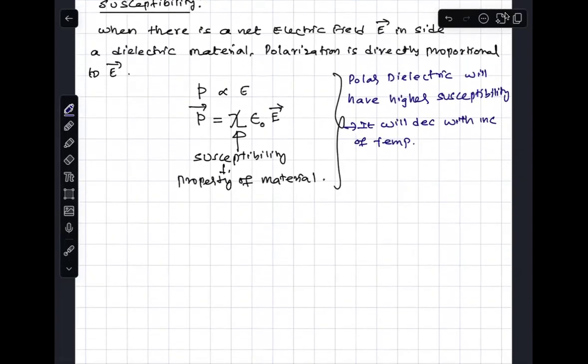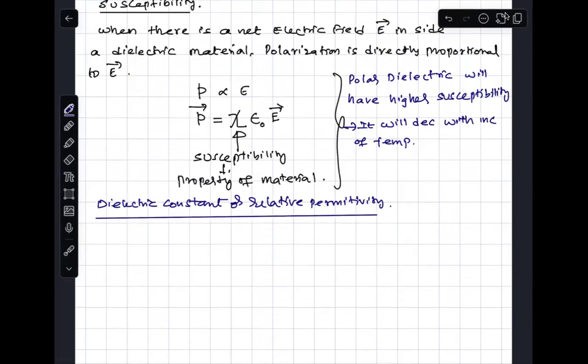And I use different words, dielectric constant, or you can call this relative permittivity. You know, this is related to K. Use whichever, no issues.